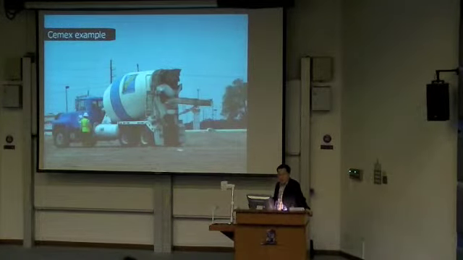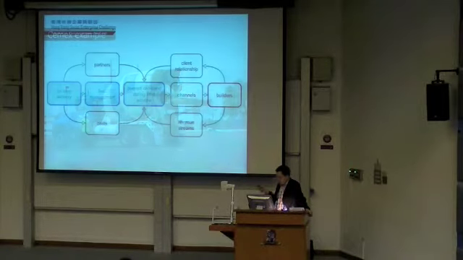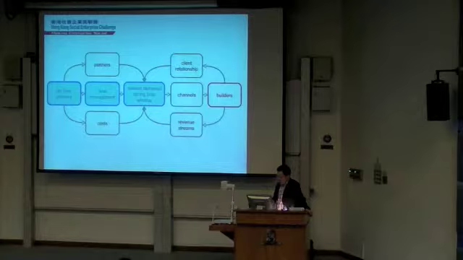This is a cement mixing truck. So cement delivery during a time window is the service or value that the company will provide. So in order to provide this, you need to have what? A good logistic. We call it a fleet management system.